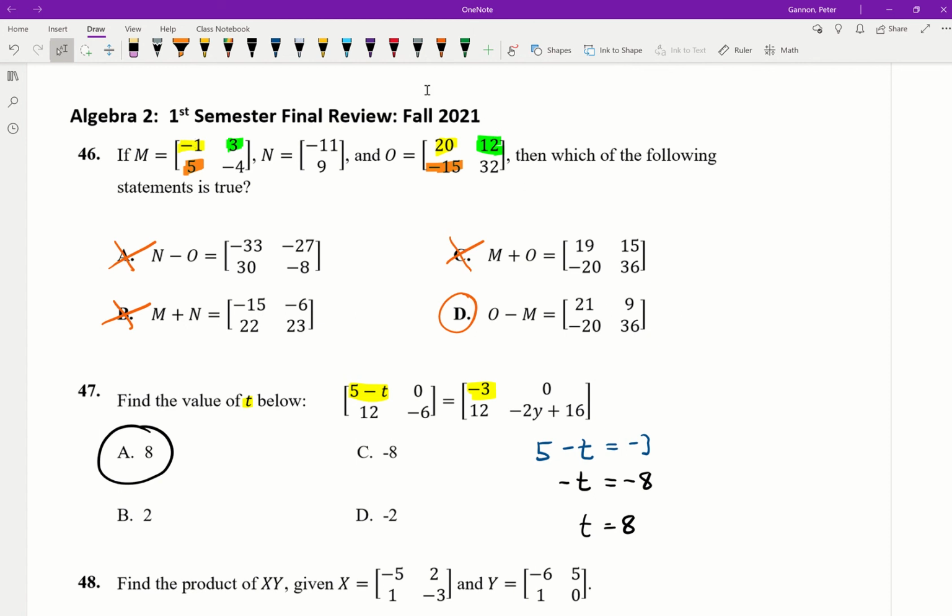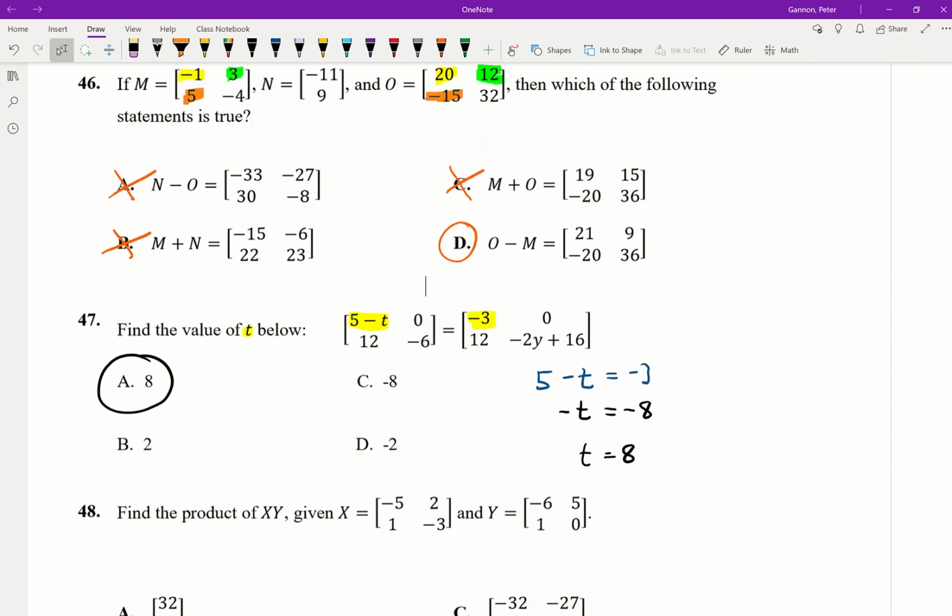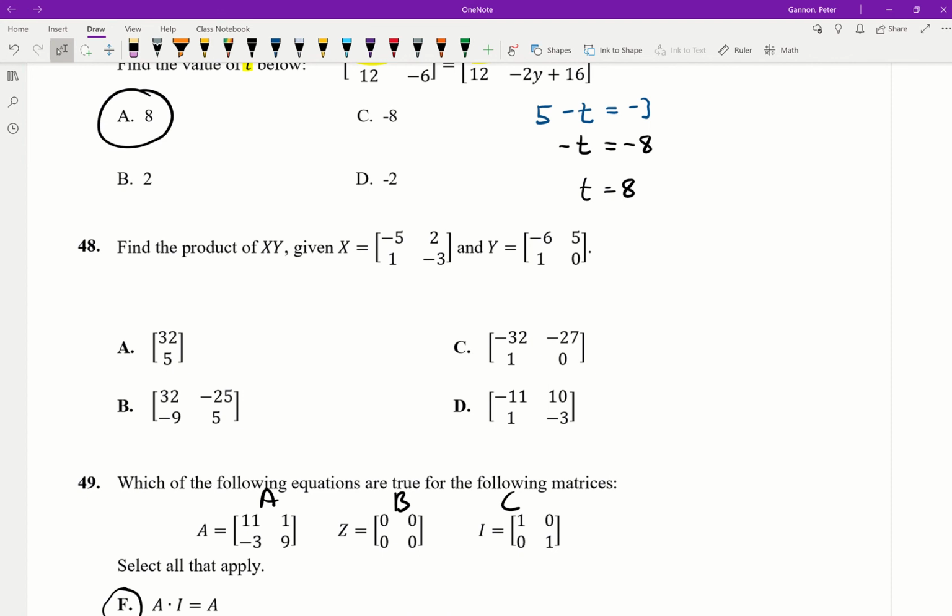It's 12 minus 3 to get 9. It's -15 minus 5 to get -20, and 32 minus -4, you're going to add to get 36. So that's correct. Right? And then that leaves us with 48 as the last one.